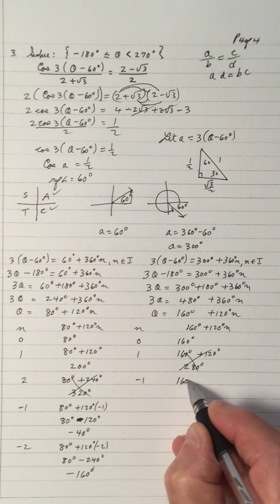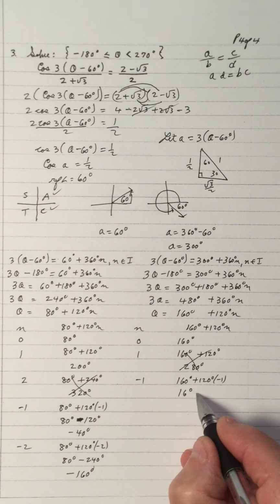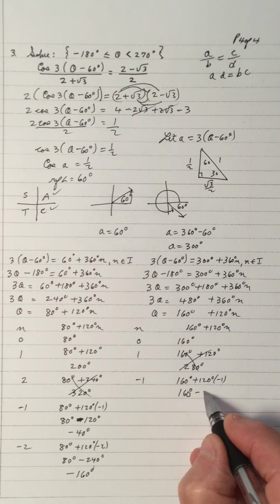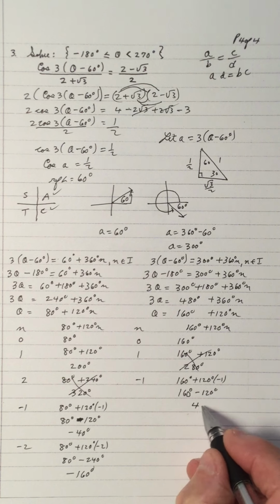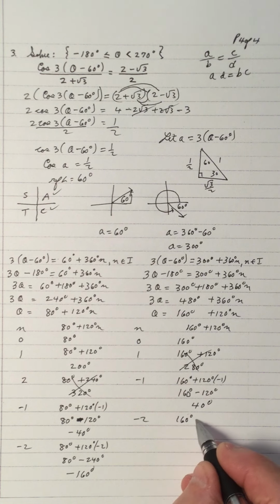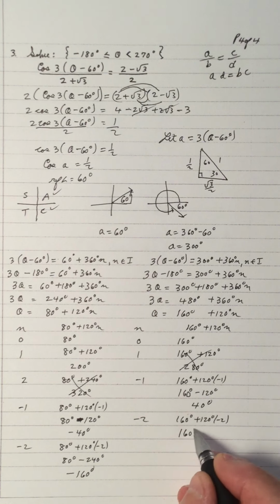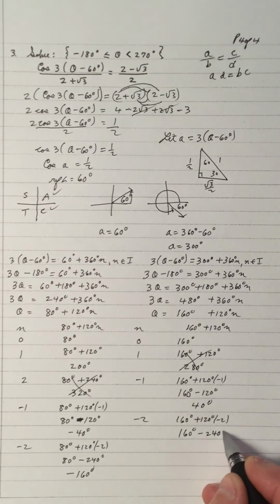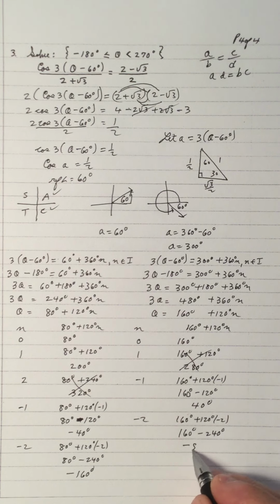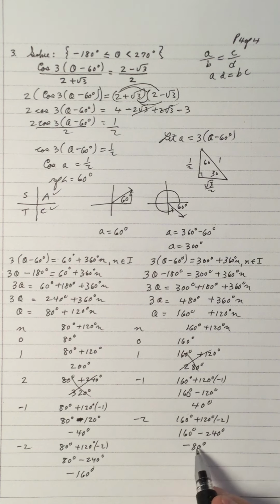So we get 160 plus 120 times -1, 160 minus 120, so that's 40 degrees. And we do -2, 160 minus 240, and that's a -80. And if we went once more, -80 subtract 120 would be -200.